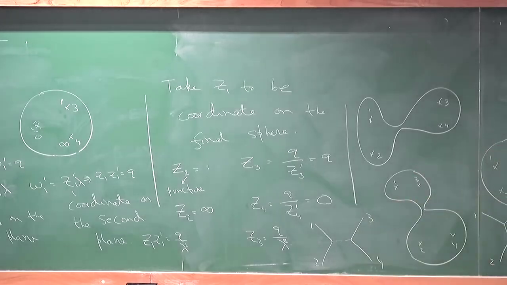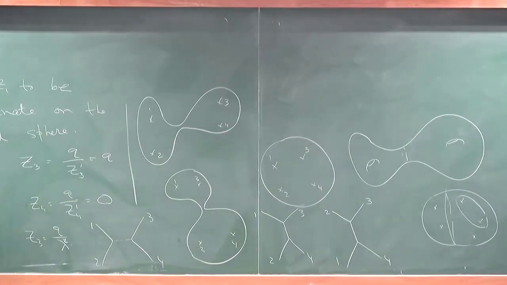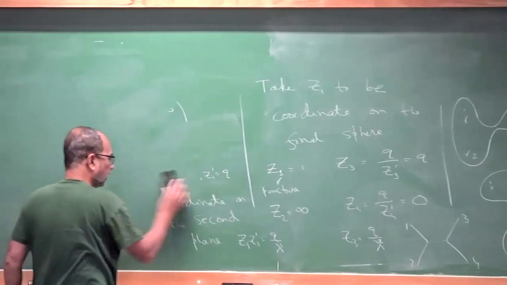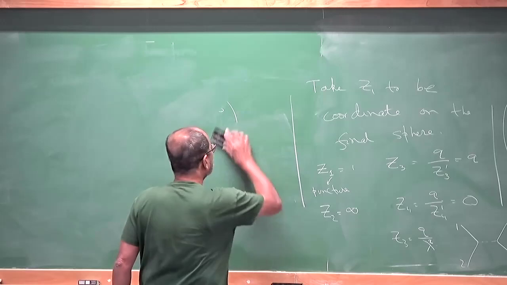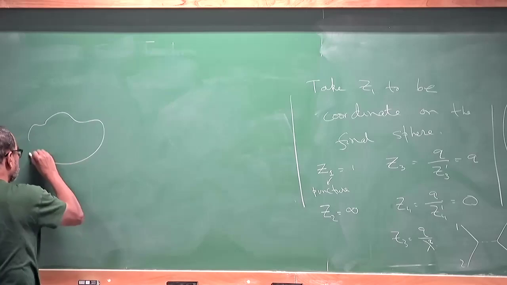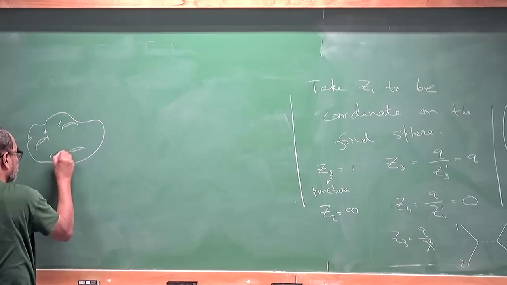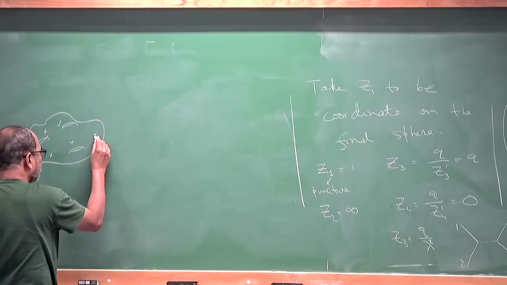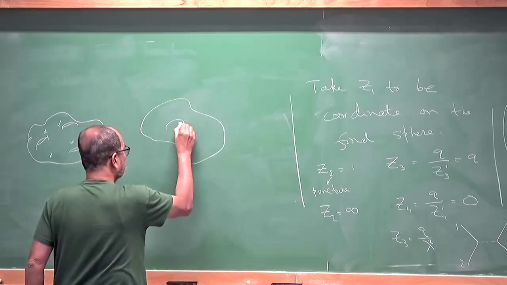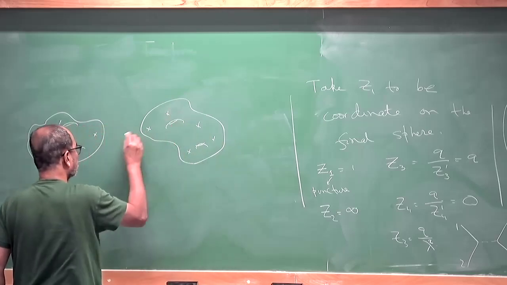Okay, let us go back and try to get some equations from this procedure. So let's suppose that we have two Riemann surfaces with lots of punctures, and then you have one which we are going to use for sewing.